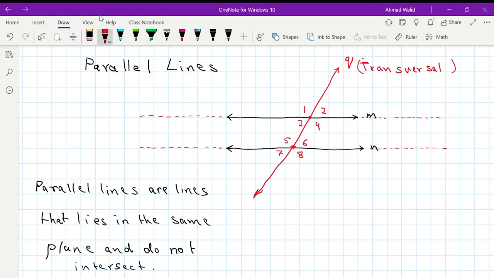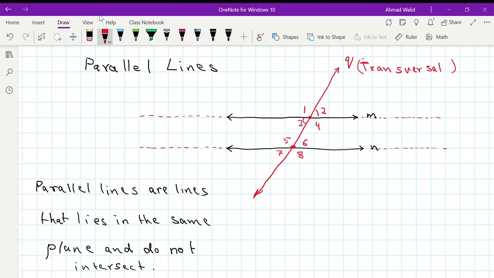At least from what I did before with you, look, number 2 and number 3, they are vertical angles. They are equal to each other. Immediately you know that. Number 1 and number 4, they are vertical angles. They are equal to each other. 5 and 8, they are equal. 7 and 6, they are equal because of the same reason, because they are vertical angles. At least you know this much.